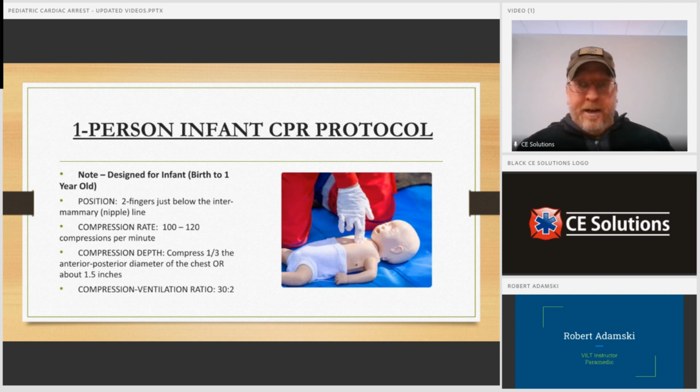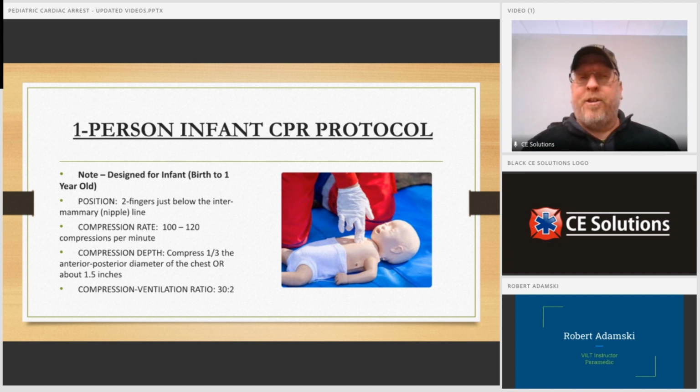So you're going to quickly eye up, visualize the size of your infant patient, and figure out about 1/3 of the overall diameter of their thorax or chest. That's how deep you're going to do your chest compressions, or if your brain can't wrap around that, just estimate 1.5 inches.